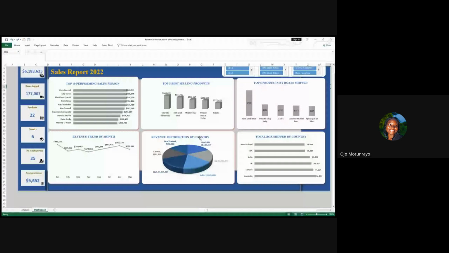Can you see my screen? Hello? Can you see my screen?